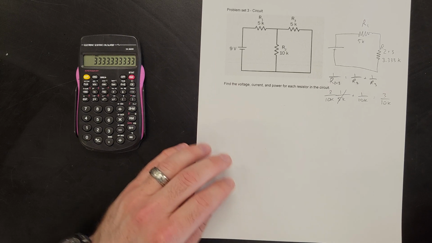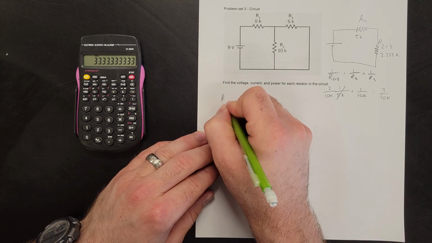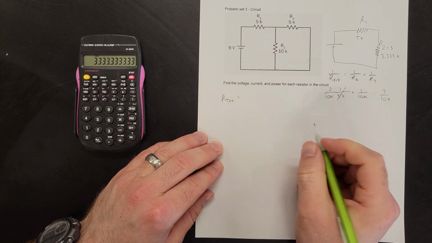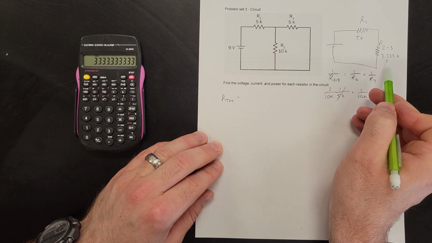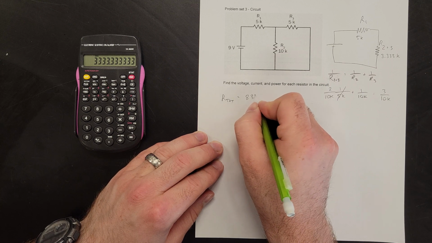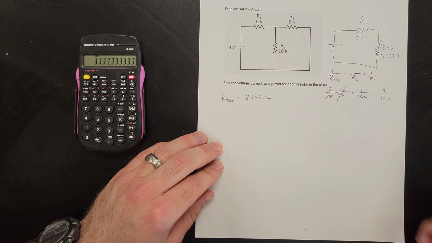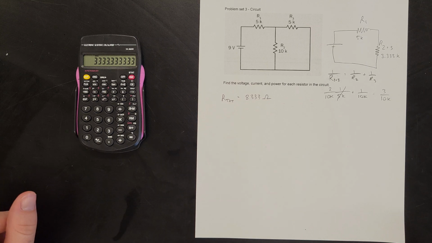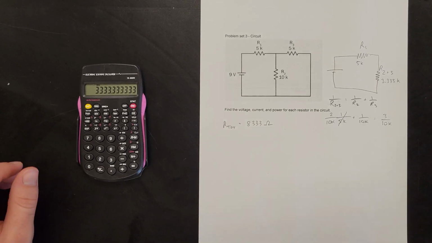Okay, and so that means that the total resistance for this circuit is 8,333 ohms. That's the total resistance for this circuit.